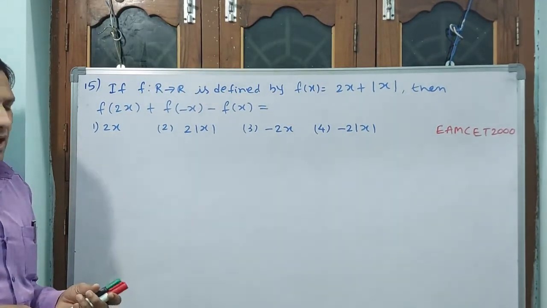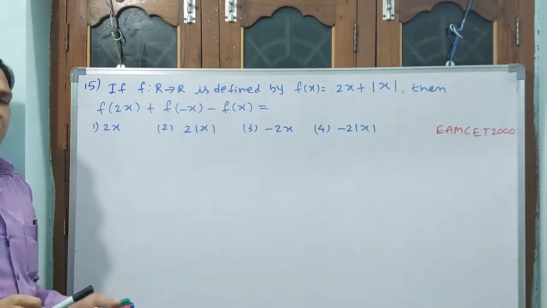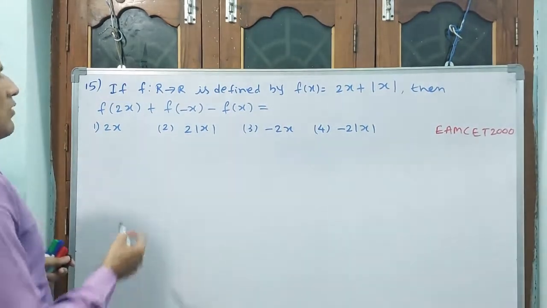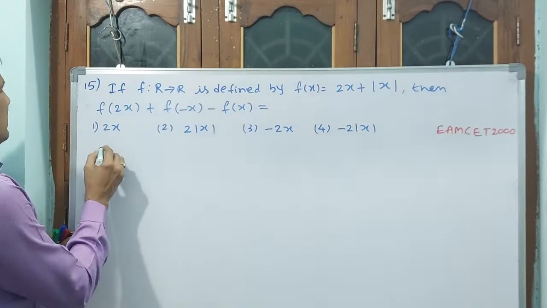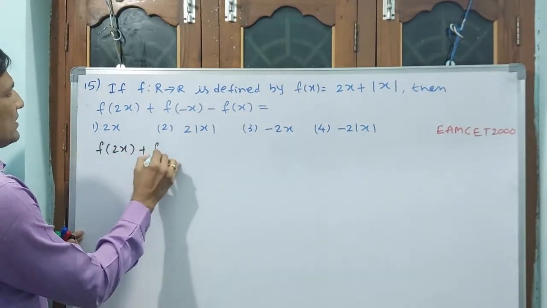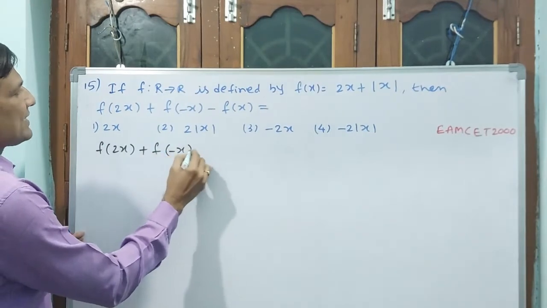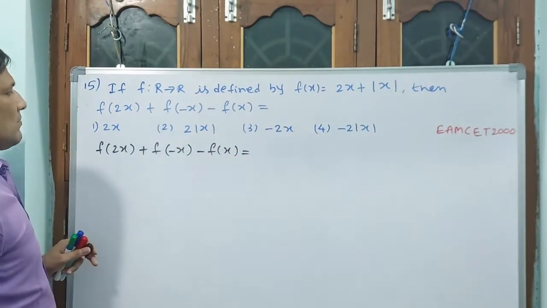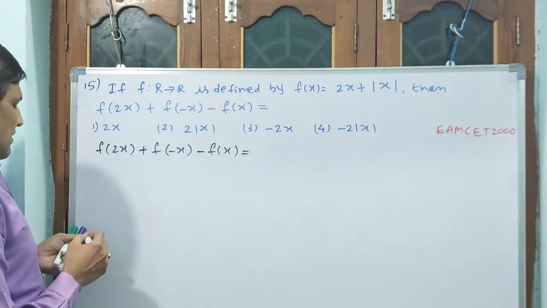Not easy, not very tough, but a little bit tough. Let us proceed. See, in one go I am writing, you see what I am writing: f of 2x plus f of minus x minus f of x is equal to. See what I am writing.